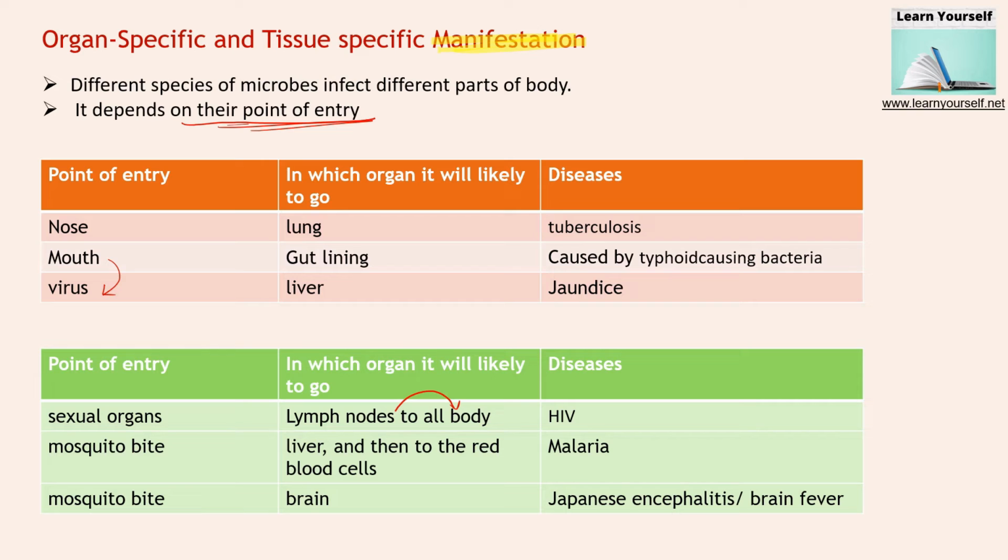Through a mosquito bite, we can also get Japanese encephalitis or brain fever, and it will affect our brain. So, as the microbes vary and their point of entry varies, there are different signs and different symptoms that they will show us, they will affect different types of organs and cause different types of disease.